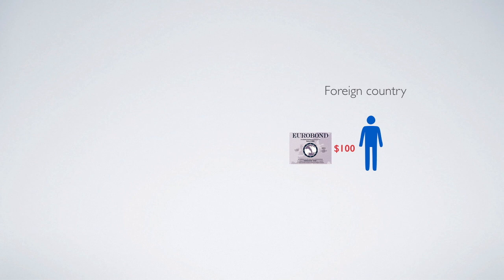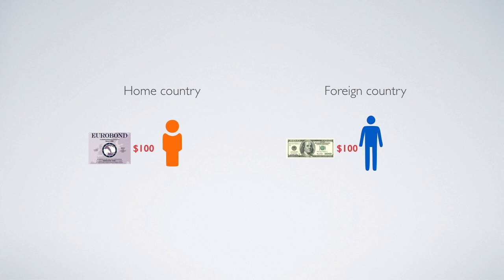On the other hand, a foreign borrower may want to borrow $100, and he sells the bond to a home citizen. In this case, the home country citizen's bond investment position will increase by 100, and the foreign country's bond investment position will drop by 100.